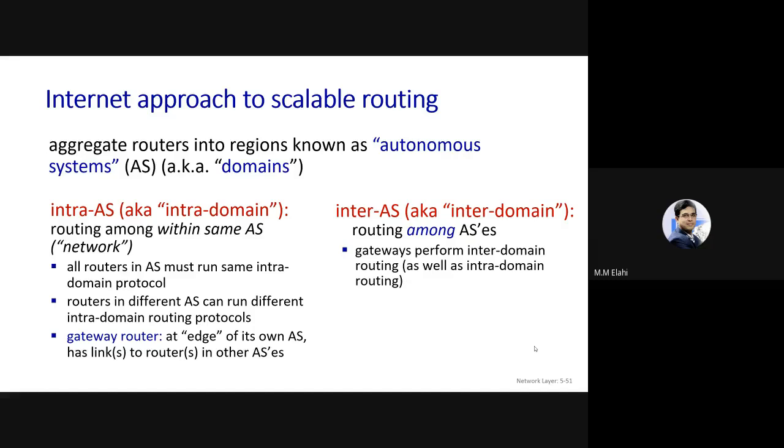We must have a specialized routing protocol that will work between different autonomous systems, each of which has its own dynamic routing protocols. And there are gateways which can sit in the middle of two autonomous systems, so they can take data from one autonomous system and forward it to another.